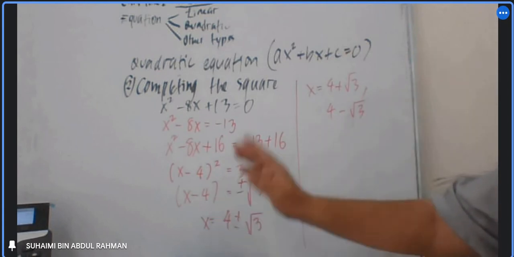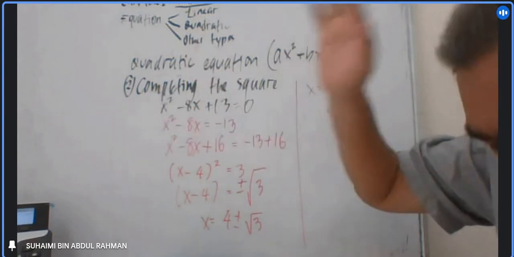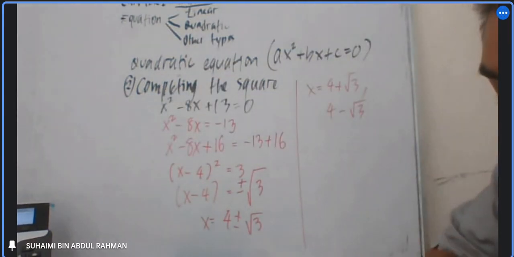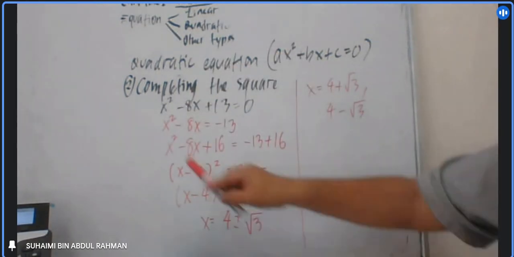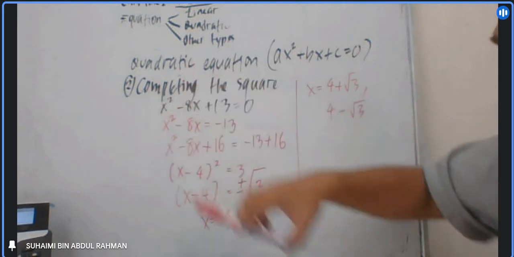Let's say this is it. Before we perform the operation of completing the square, the coefficient of x squared must be 1. This case is already 1.